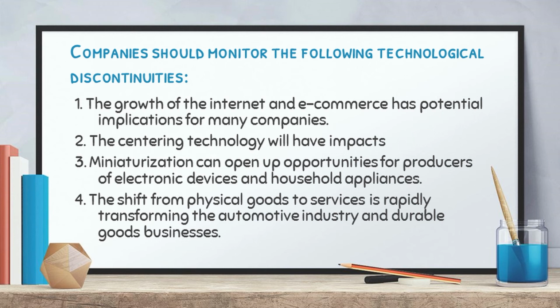And the advent of plant engineering and biotechnology is opening up opportunities for companies in the life sciences. And the third is that miniaturization can open up opportunities for producers of electronic devices and household appliances. And the fourth, the shift from physical goods to services is rapidly transforming the automotive industry and durable goods businesses.